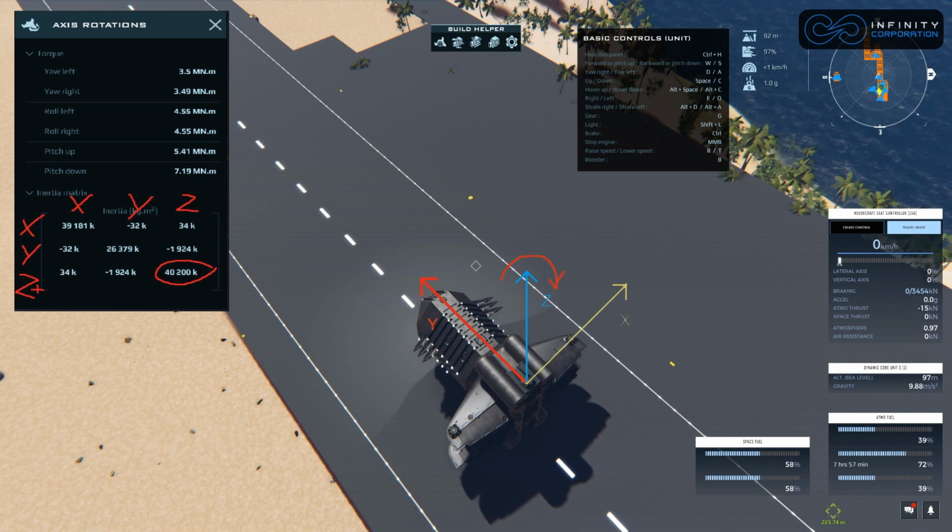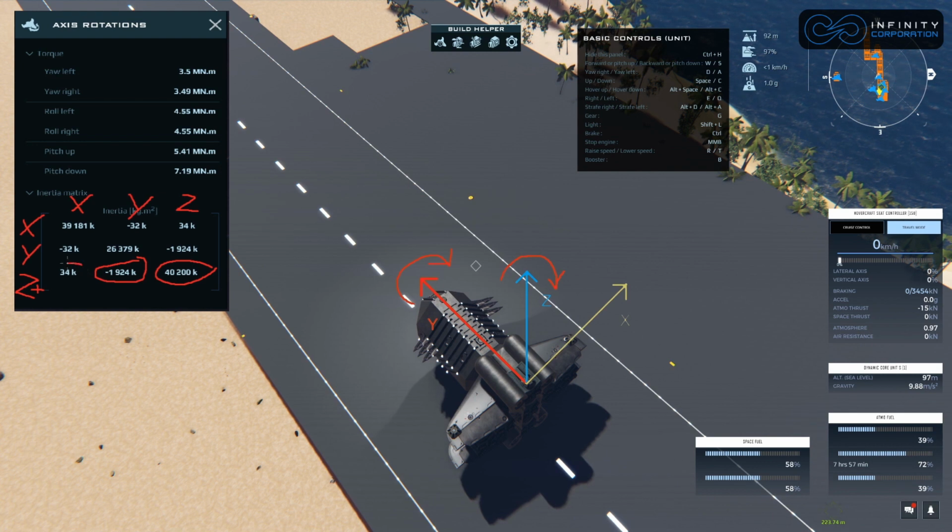So if we look at our z-axis, that causes a rotation around z. Now if we look at our matrix, we can see in the y-axis, I also have negative 1,000. So what does that do? That is going to make me roll around the y axis.